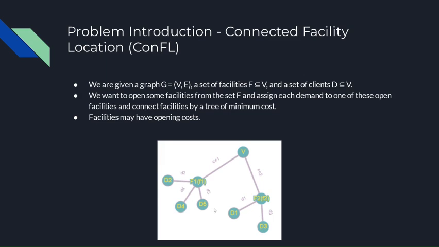In this particular graph, we have allocated clients D2, D4, and D5 to facility F1, and D1 and D3 to facility F2, and finally F1 and F2 are connected by a tree where V is the root vertex. There are some other things like these edge weights, D2, D4 and D5. I'll explain them in the further slides.